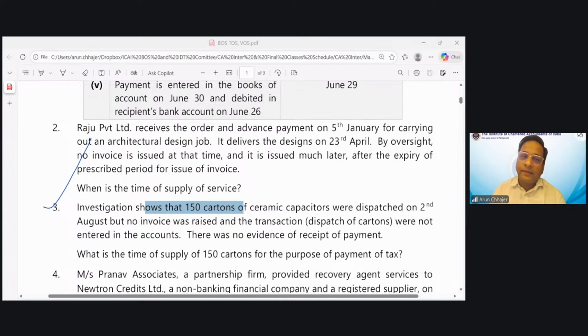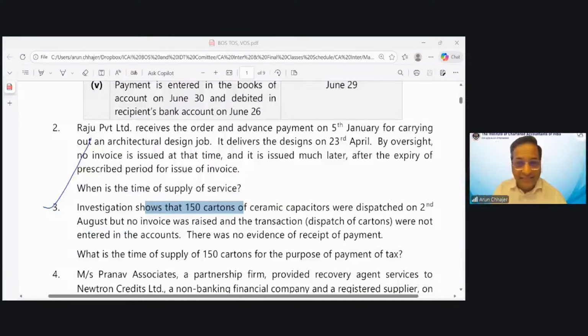So is this example forward charge or reverse charge? Forward charge. What is the time of supply for forward charge in case of goods? Date of invoice or last date on which invoice is required to be issued. As per the time limit for goods, it is the date of removal.